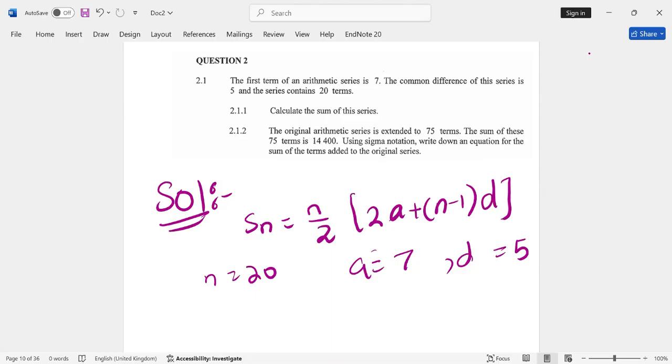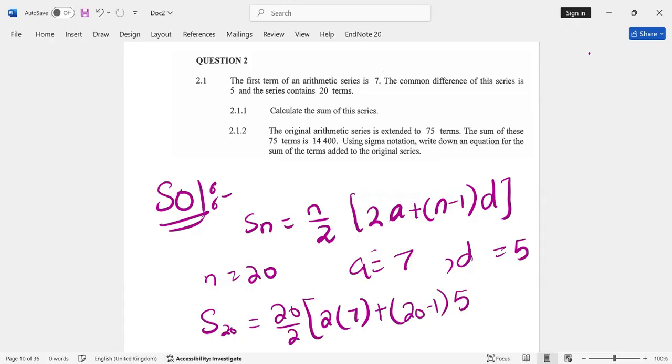We just substitute the values in this formula. So S20 equals 20/2 times (2 × 7 + (20 − 1)d).